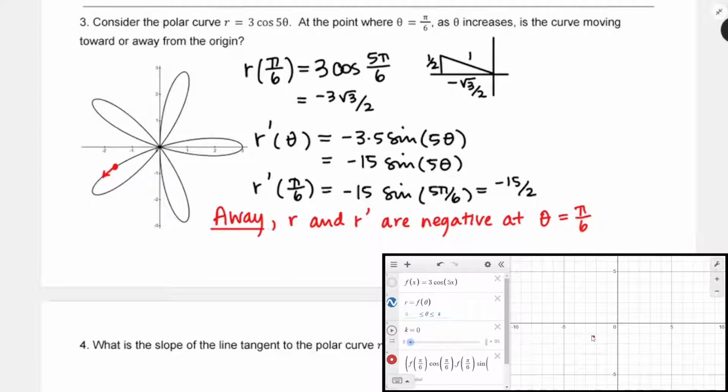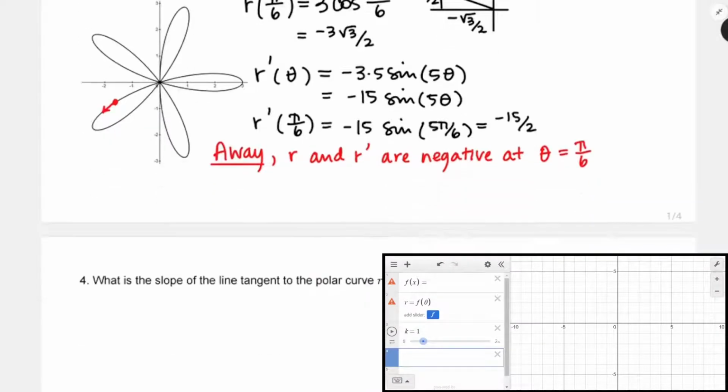We saw that r was negative and decreasing, and so the curve is moving farther away from the origin as it goes to that point. That's really what I wanted to show you. Let it do it one more time. That's great. I figure I'm probably going to need a polar plotter again later.